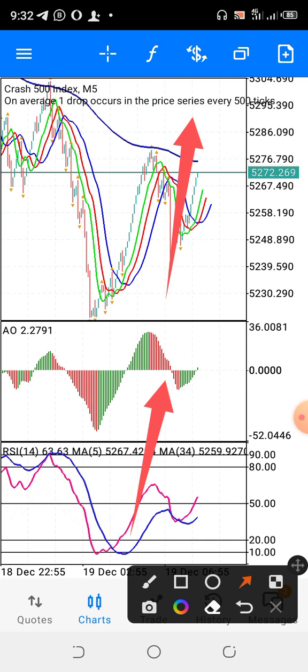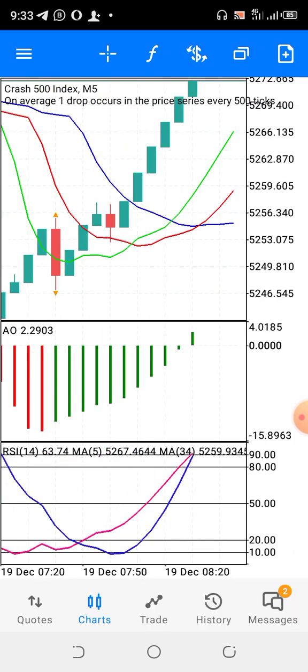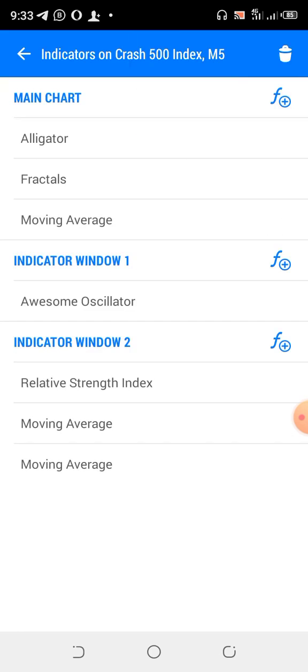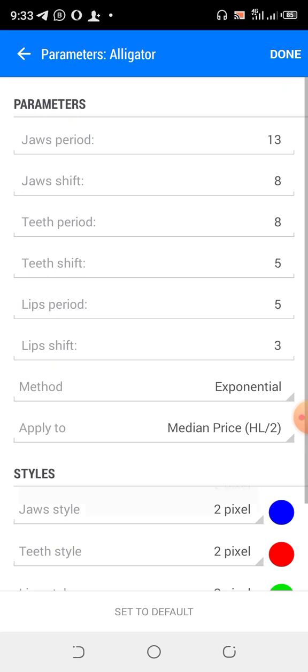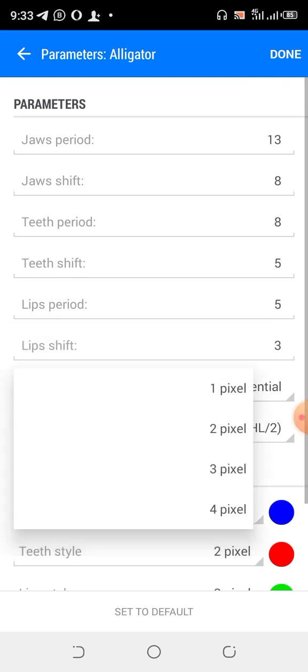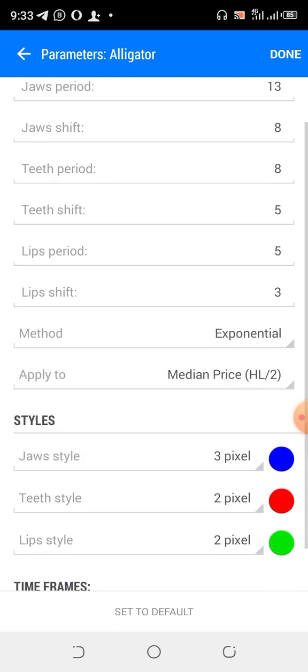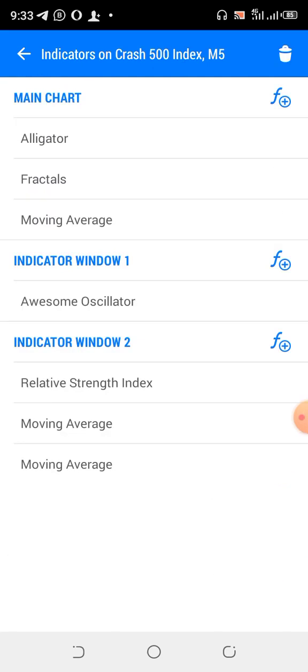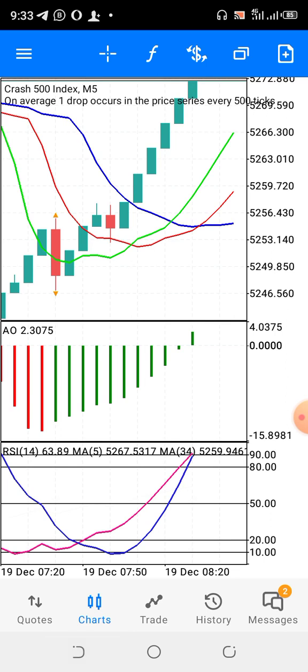Now, number one thing is, anytime you see we have red, we have blue, we have red, we have green on our main chart, so that green and red, anytime you see 3 of them cross together, let me add the strength of this so that you will see it clearly. All right, so you can see it now.